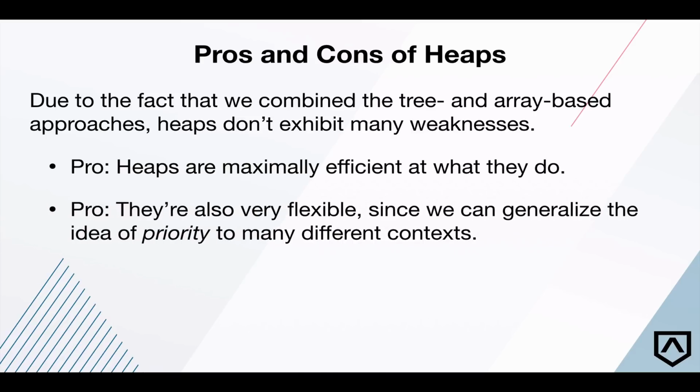The next benefit, the next pro, is that heaps are very flexible. This comes from the idea that we can define the priority to be any sort of priority that we want. It doesn't just need to be max or min.